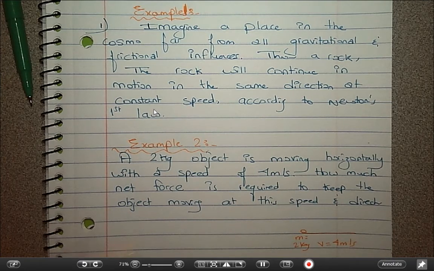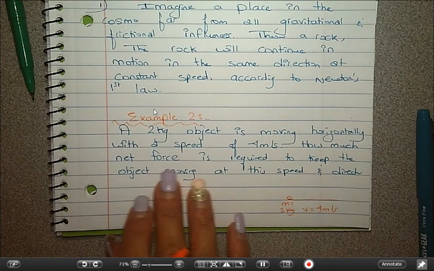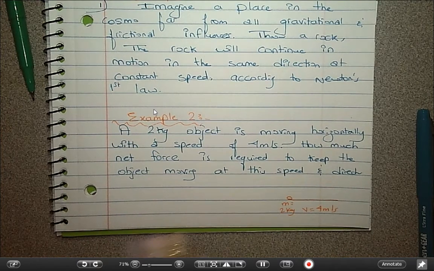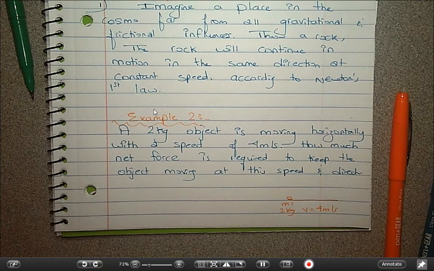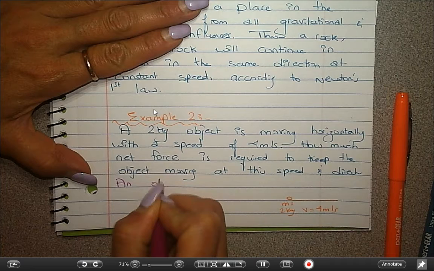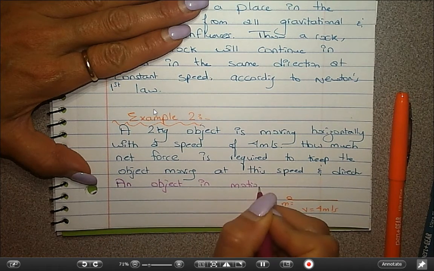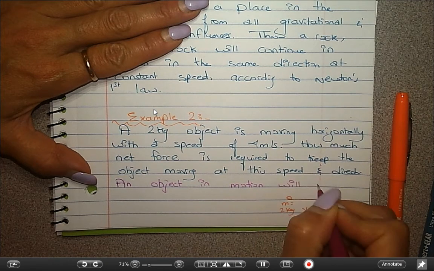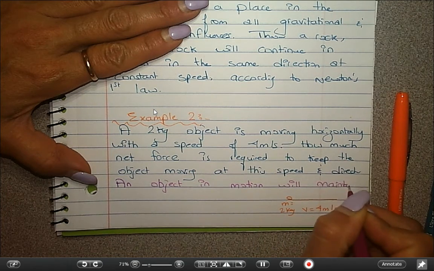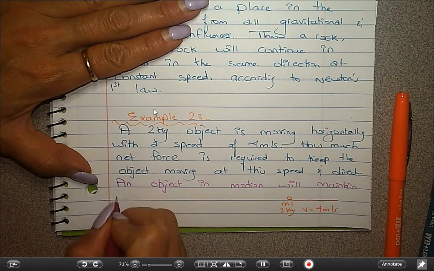So this object is in motion, right? Does it say anywhere that this object was given another force or a push? It does not say that, right? Which means an object in motion will maintain its state of motion.